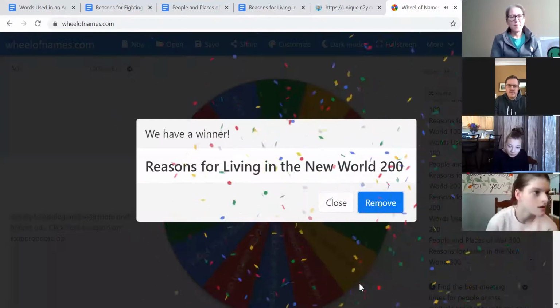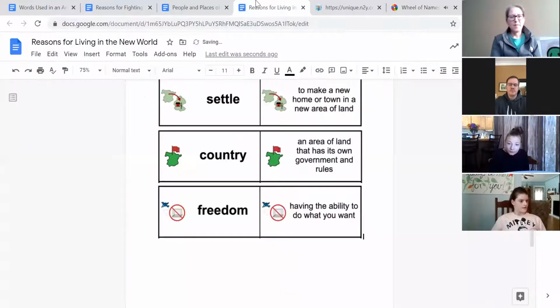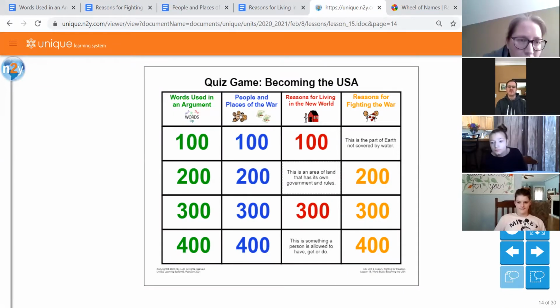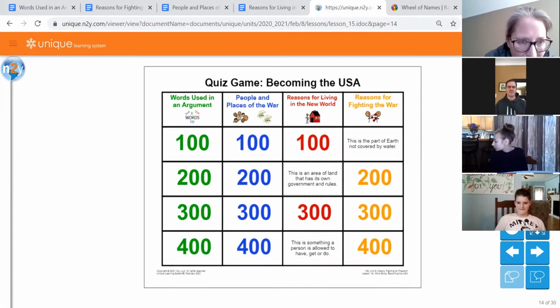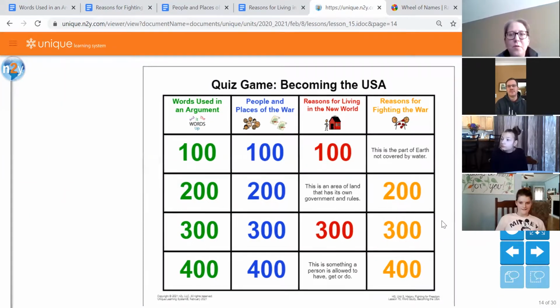All right. Reasons for living in the new world, 200. This is an area of land. Sorry, I can't see it on mine. Thank you. This is an area of land that has its own government and rules.